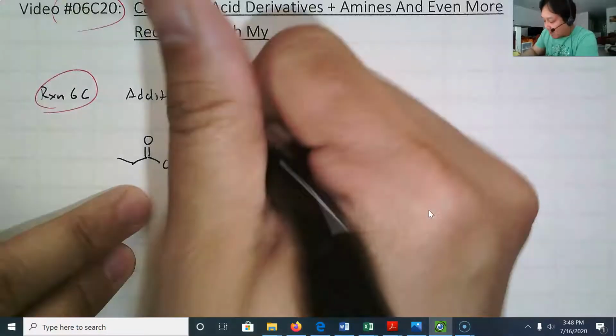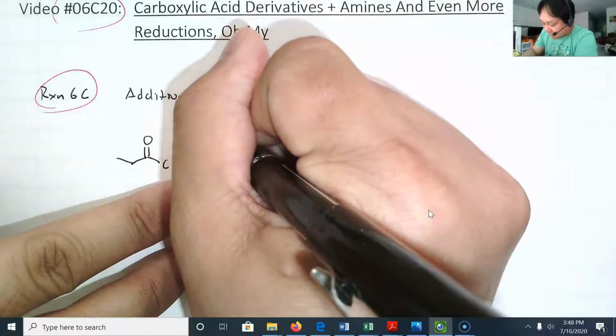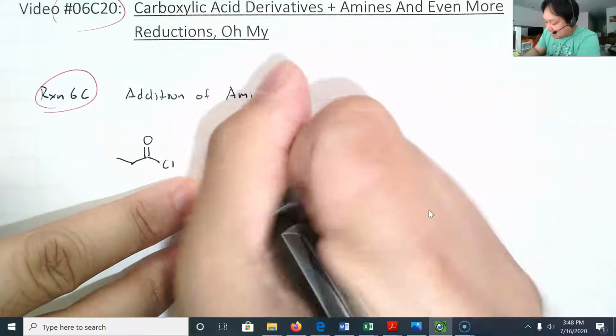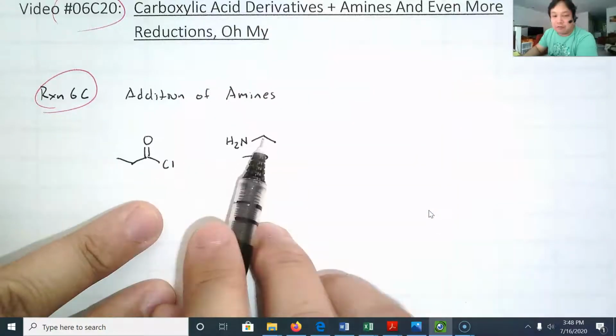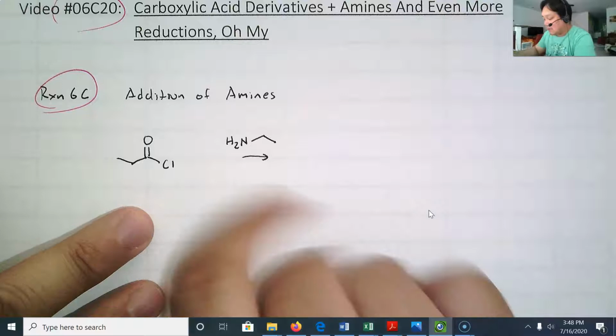Let's take a primary amine. An amine is a molecule that has nitrogen with 3 bonds. Primary meaning that the amine only has one R group, one alkyl group. Nothing else.